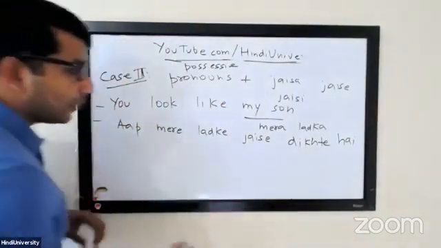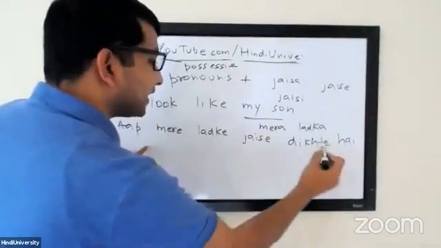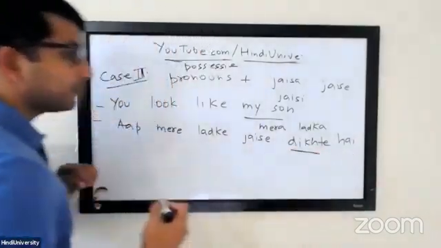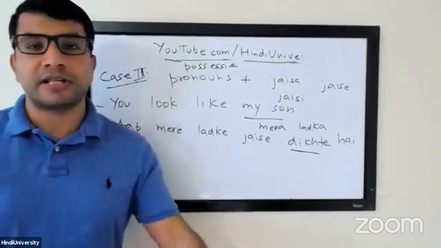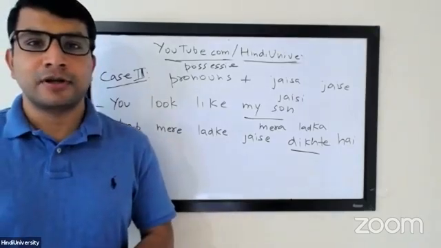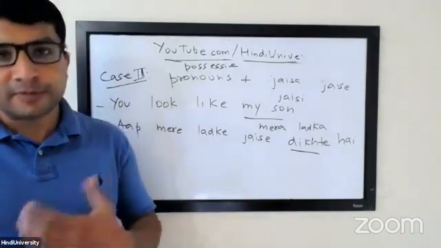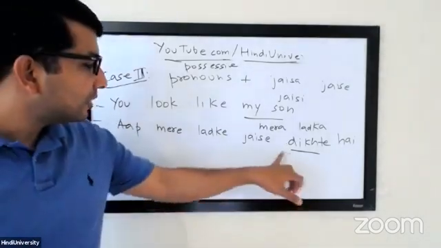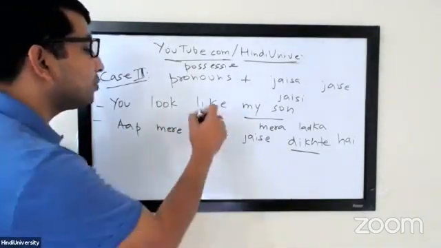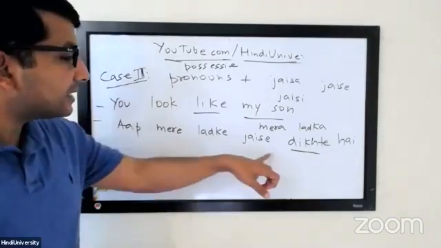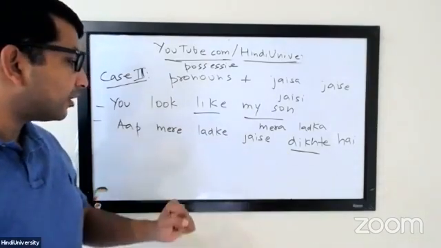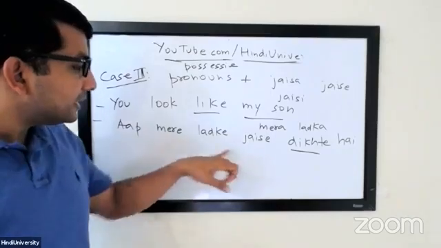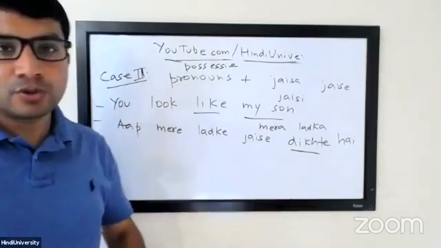Okay, you can also say आप मेरे लड़के जैसे हैं. You are like my son. Sometimes you want to say you are just like my son, right? In this case I wanted to say you look like my son. आप मेरे लड़के जैसे दिखते हैं. Same thing if I had it with my daughter. आप मेरी लड़की जैसी दिखती हैं. You look like my daughter.